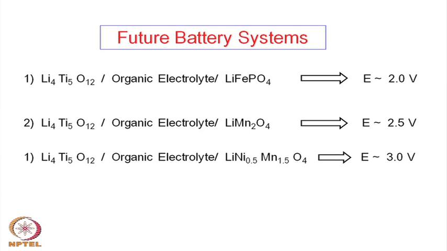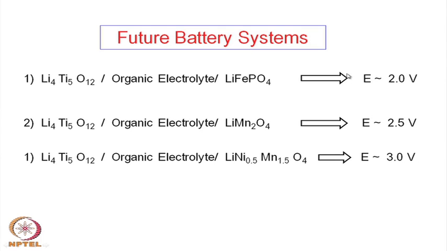Once again the anode is common, but in the cathode, manganese has been partly replaced by nickel. So, lithium, nickel, manganese gives you a voltage of about 3 volts.